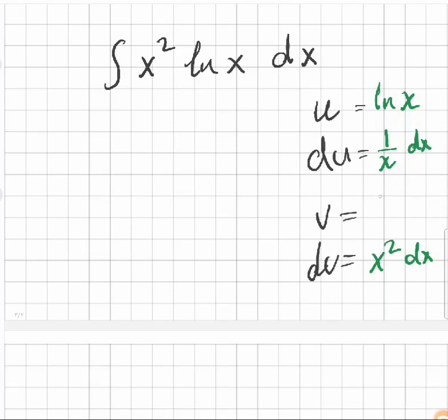And the antiderivative of dv will give us v. So the antiderivative of x squared dx is x cubed over 3.